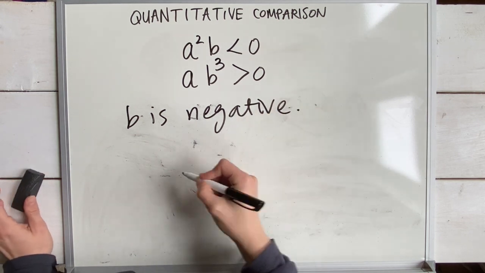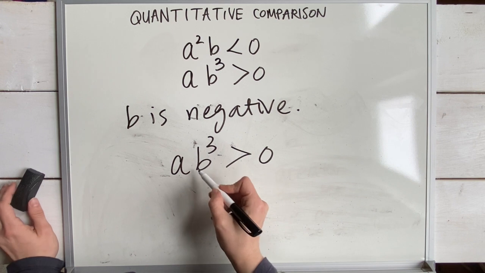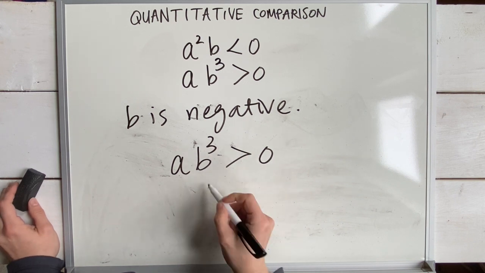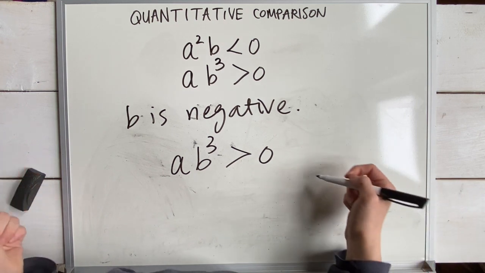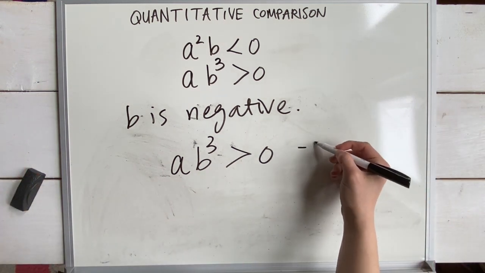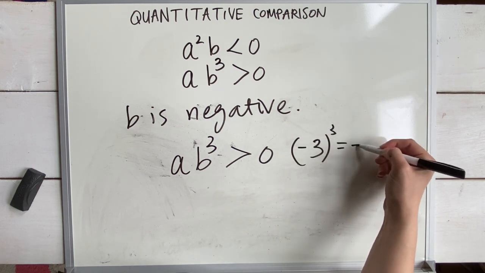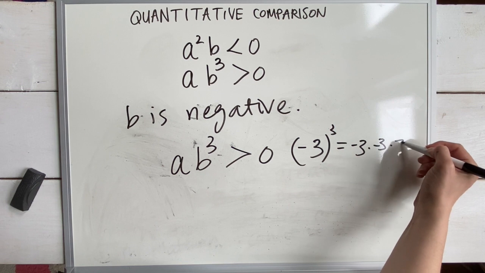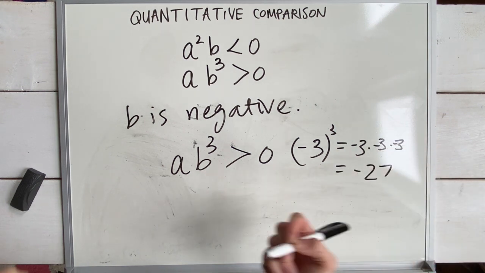All right, let's take a look at the A. B cubed is greater than 0. What we see here is we already know B is negative, so a cubed negative number is going to stay negative. For example, if we do -3 cubed, that's going to be -3 times -3 times -3, which equals -27.